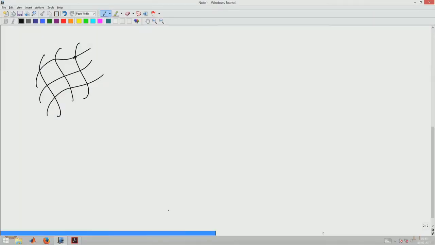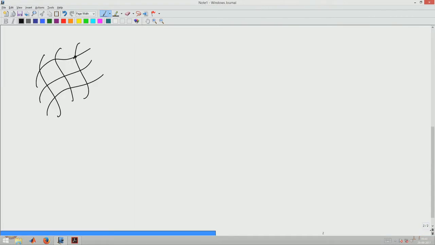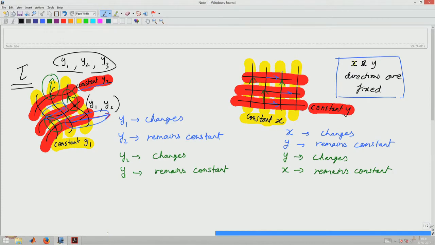So, for example, we saw already that y2 and y1 are indicated along these grid points, and so these are all constant y2 surfaces and constant y1 surfaces. If you look here, this is the direction in which constant y2 surfaces generally are, and this is the direction in which constant y1 surfaces are.